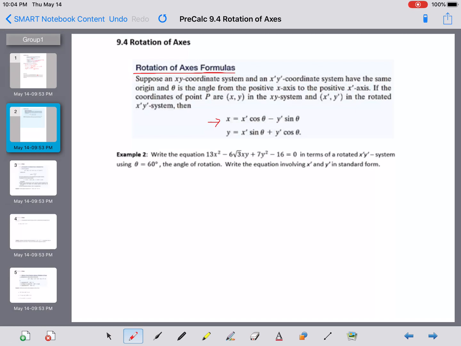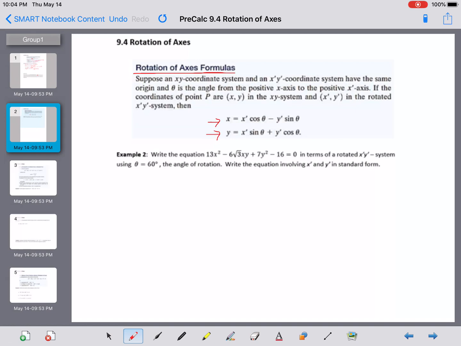Same thing with the y: x prime times the sine of theta plus y prime times the cosine of theta. Theta is our angle of rotation. And I will be honest, our angle of rotation should be between 0 and 90 degrees, because we could go past that obviously, but we'd end up with the same pattern over and over where we rotate it.